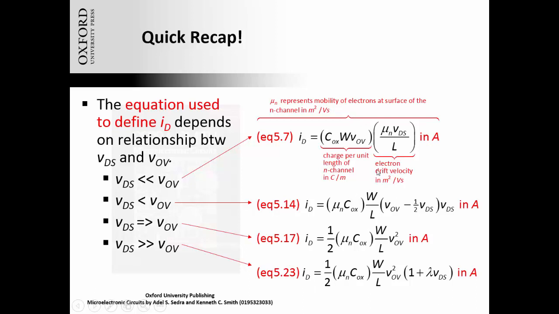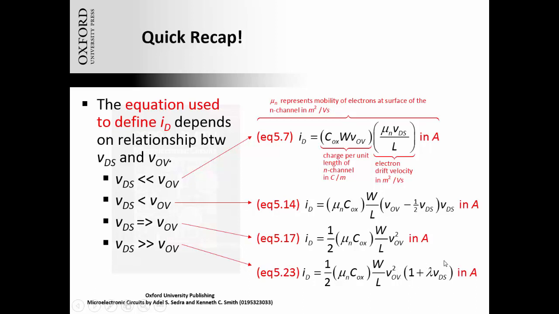Down here, in this last equation, we see that in the case where VDS is much greater than the overdrive voltage, we have 1/2 Kn, our process MOSFET transconductance coefficient, times the overdrive voltage squared, so it's (VGS minus threshold voltage) squared.